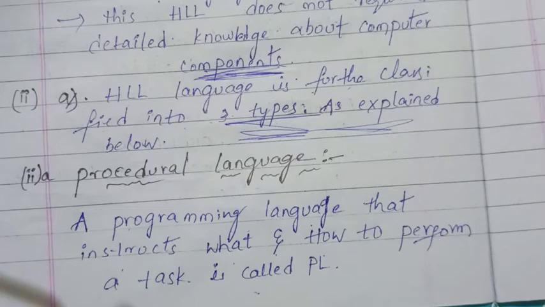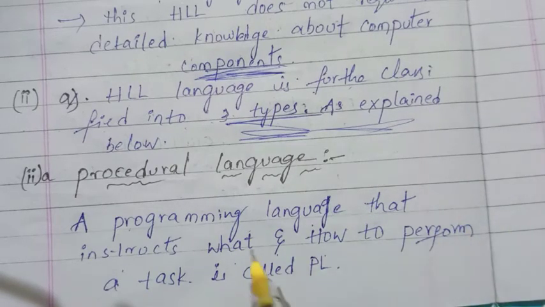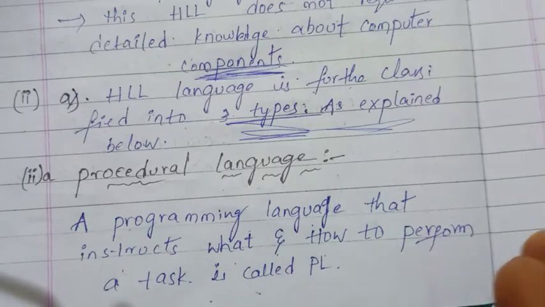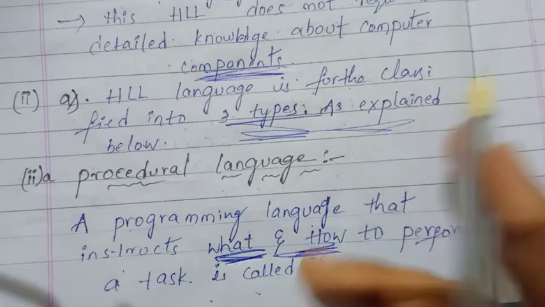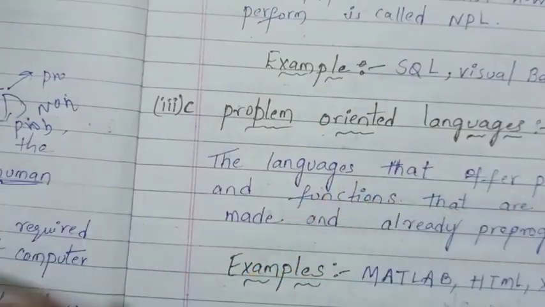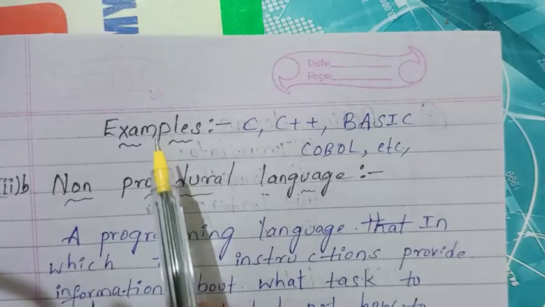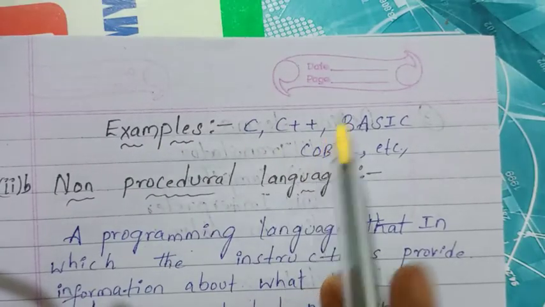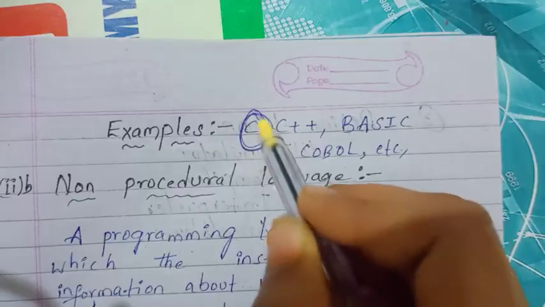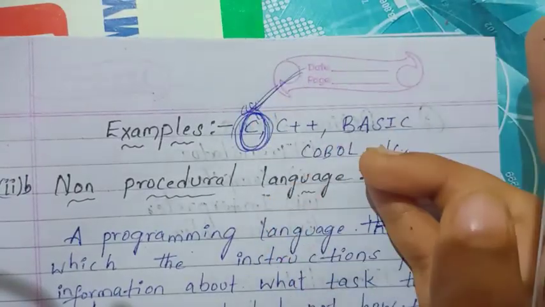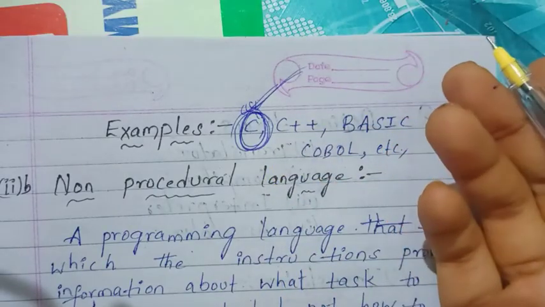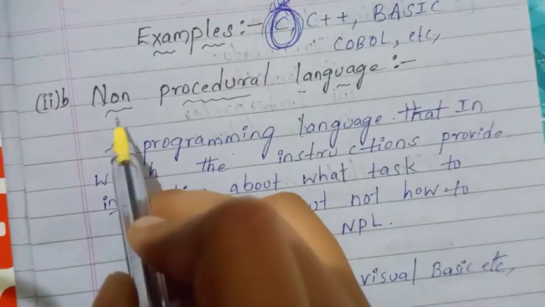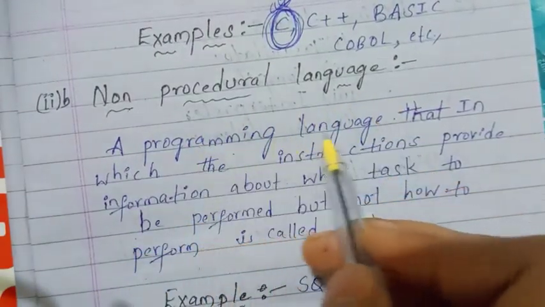Languages are written just to provide instructions and tasks to a computer, and the instruction which provides information about what to do and how to do it is called a procedural language. The examples of procedural languages are C and C++. In this semester we will discuss C language, so it is a procedural language. It is a point which you can write in long answers or elsewhere.